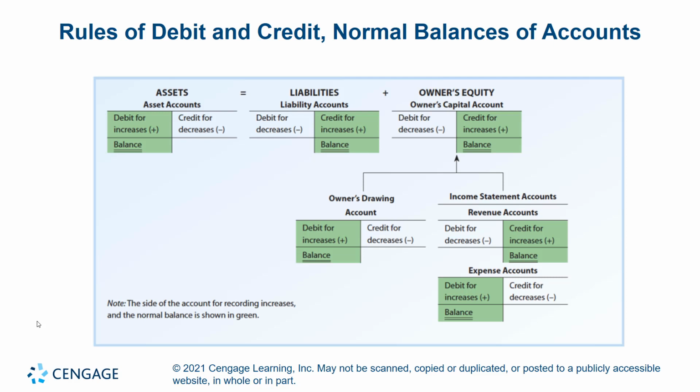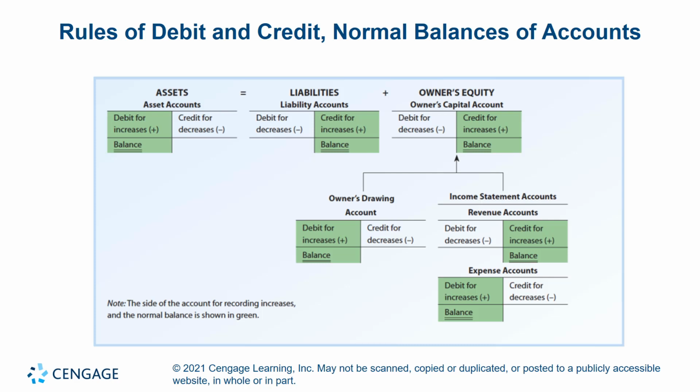Now, for each specific account, the left side, what we call debit, is where we might record the increase of the account balance, and the right side, the credit side, is where we record the decrease of the account balance, or it could be the reverse. For certain accounts, we might record the increase on the credit side and the decrease on the debit side.